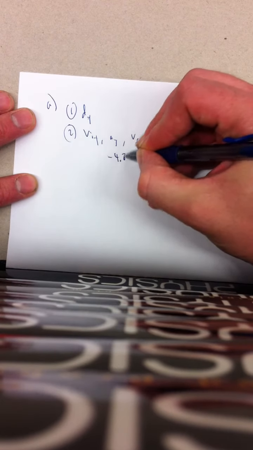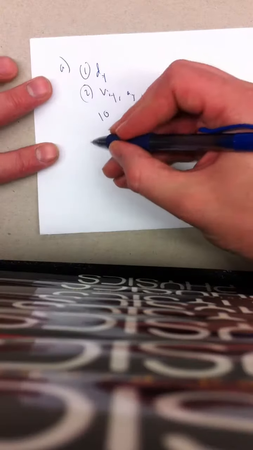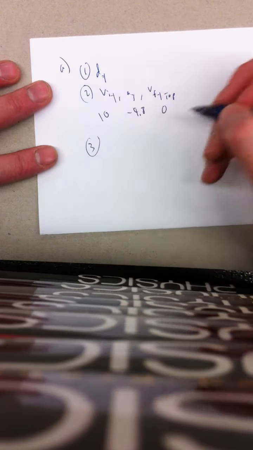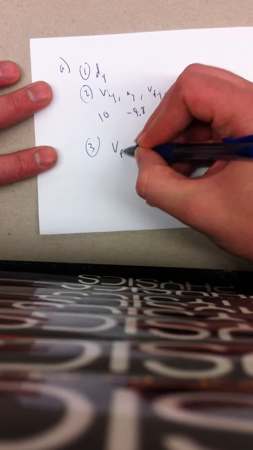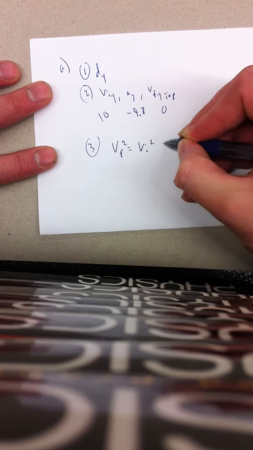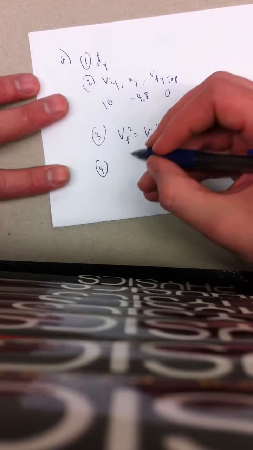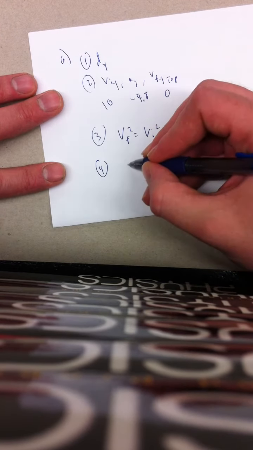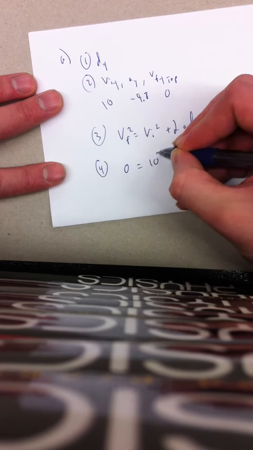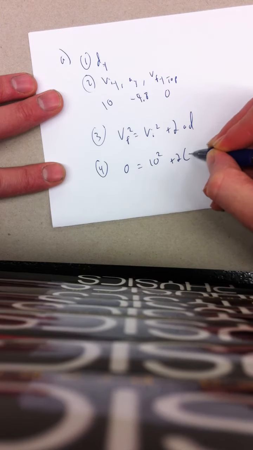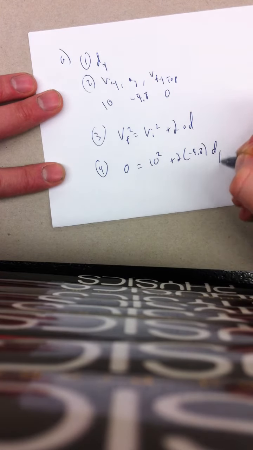That's negative 9.8, and that's equal to 10. Step 3, we can just use VF squared equals VI squared plus 2AD. Step 4, VF at the top is equal to 0. That's 10 squared plus 2 times negative 9.8 dy.